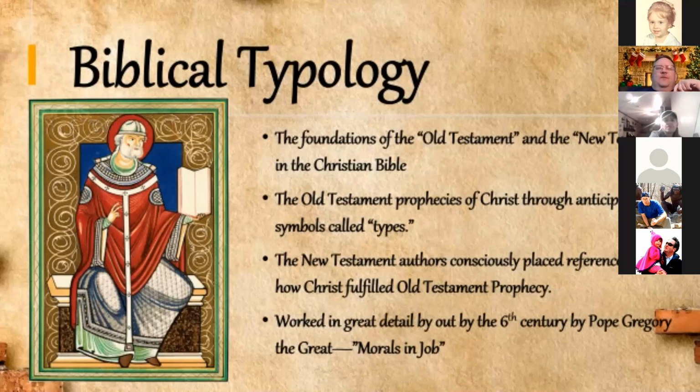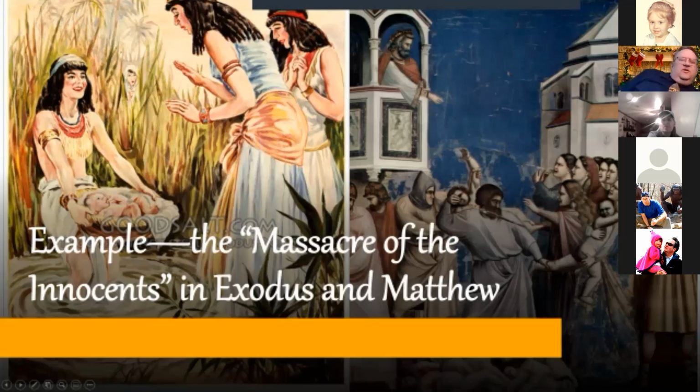Just one more example, and this is a type scene in both the Old Testament and the New Testament, and that is the scene in Exodus where the Pharaoh decides to massacre all of the Hebrew children, and the scene in our nativity scene when Herod decides to massacre all of the Jewish children. So this massacre of the innocents type scene recurs in ways that are unmistakable.